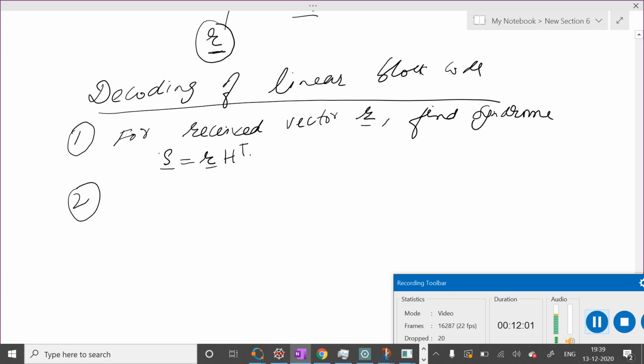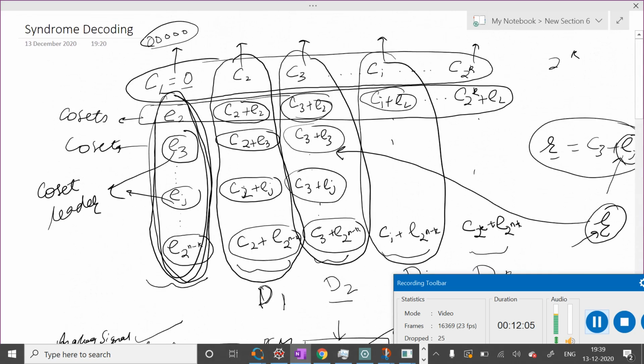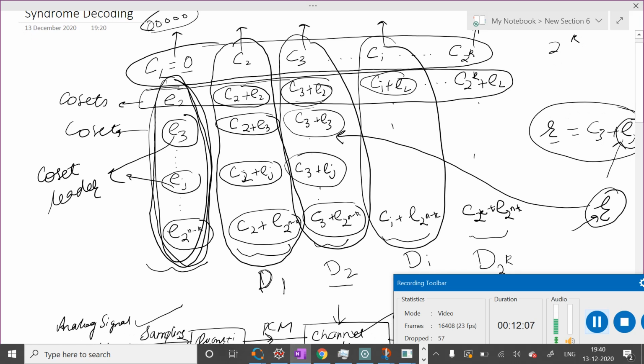Then the second step. Some terminologies I have already told you, but let me tell again. See this column, wherein you have a particular error pattern E2, and then you get other error patterns which have the same syndrome by adding code words C2, C3 to the same error pattern.